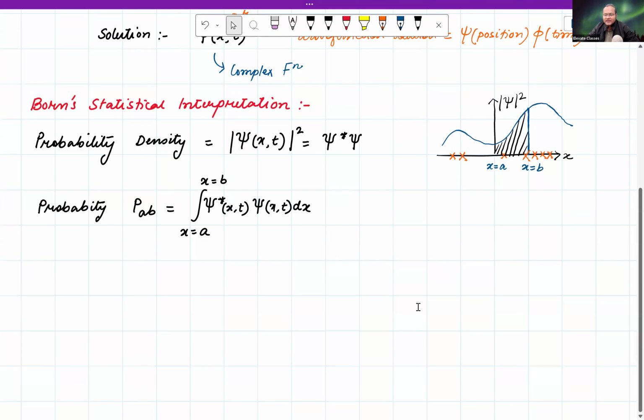Now, this directly leads to something called normalization, because probability carries meaningful information, right? When we talk about probability, it cannot just take any random value. So, for example, probability cannot be -1. Probability cannot be 100. Probability has to be something between 0 and 1.